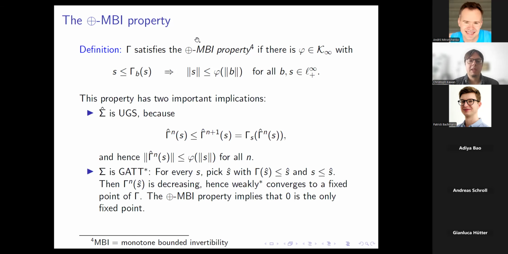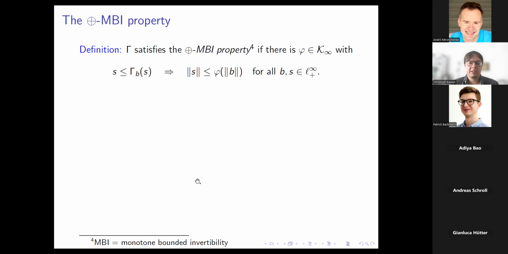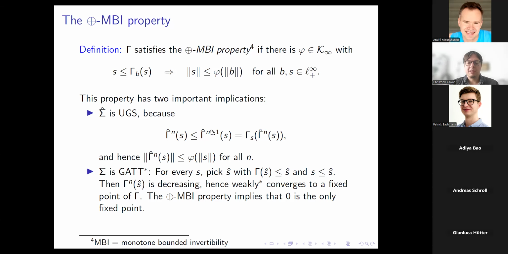Right. So why do I introduce this property? It has two important implications. First one, if it holds, then the gamma hat system will be uniformly globally stable, which is very easy to see. Since trajectories of gamma hat are increasing, we have this inequality, but using this property here, which is proved by induction, this here is actually the same as this here.